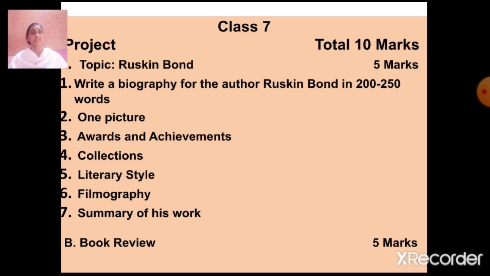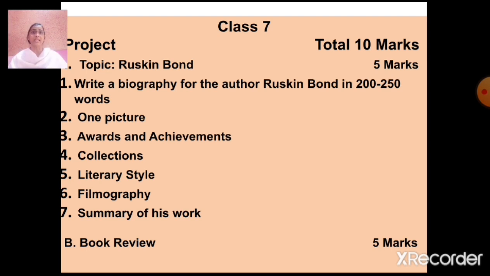You need to list his awards like Padma Shri, Padma Bhushan and so on. And you also need to mention its reason and the year in which he had received that particular award. Then the next subtopic is collection.